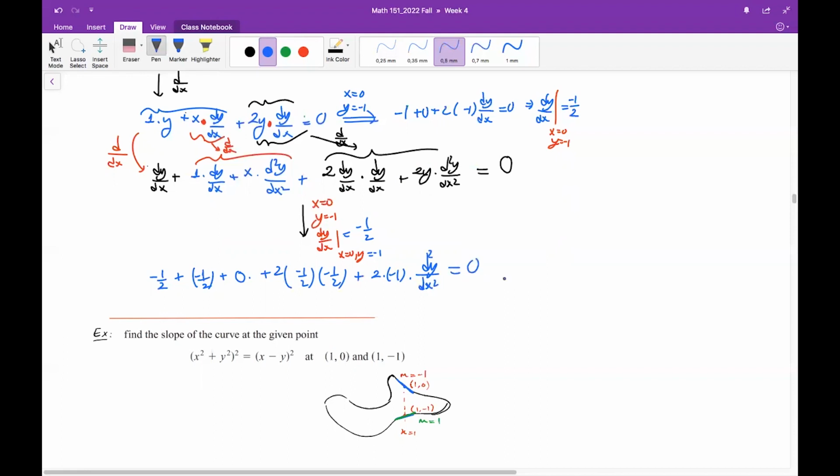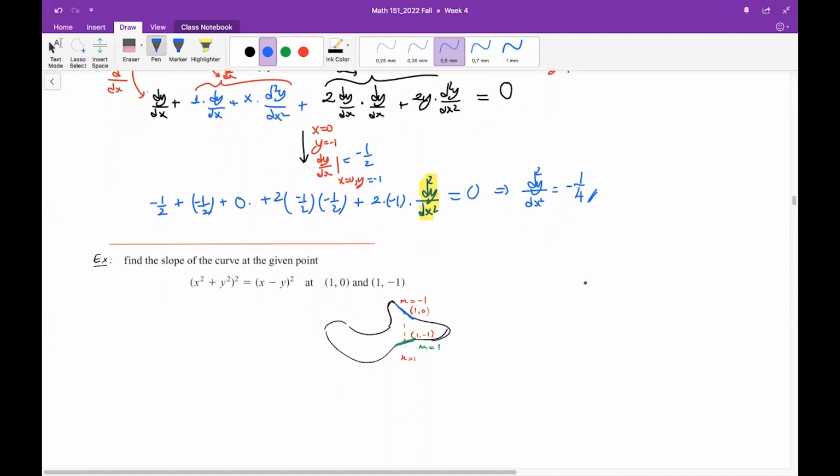You see, in this equation, the only unknown is this, and this is what we try to find. From this equation, the second derivative of y with respect to x is solved as -1/2. Sorry, -1/4. Is that okay? So let's move on.